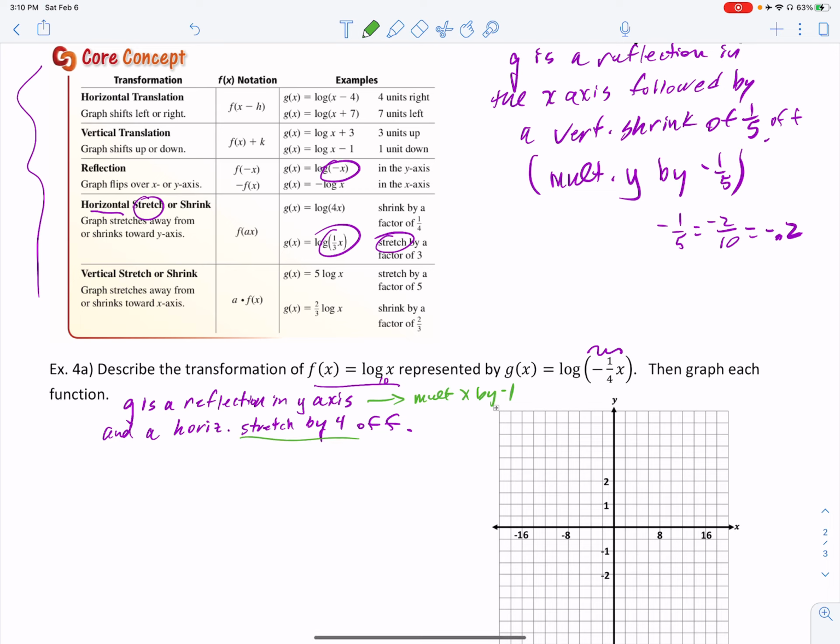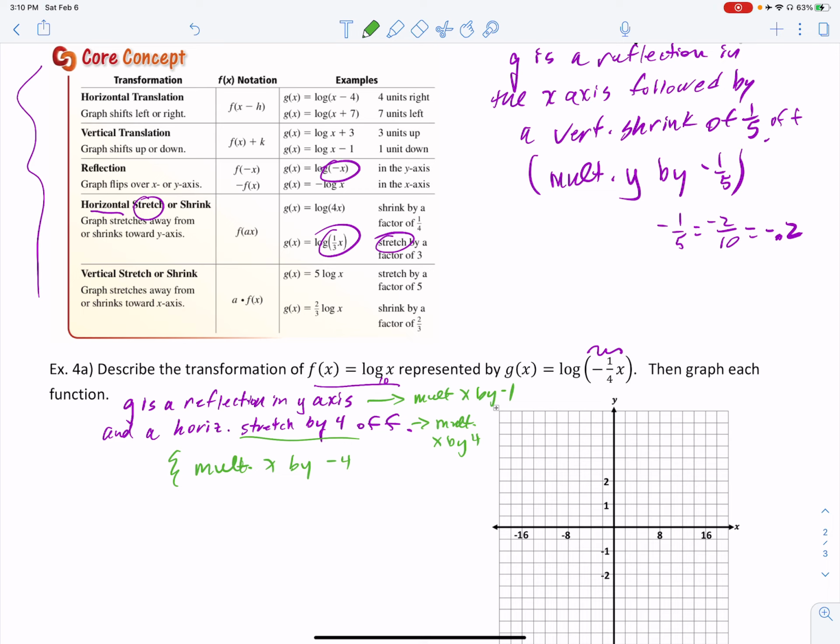A horizontal stretch, you multiply x by 4. So all of these combined together, we're just going to multiply x by -4 because they're both multiplying x, so we can do it all in one shot.